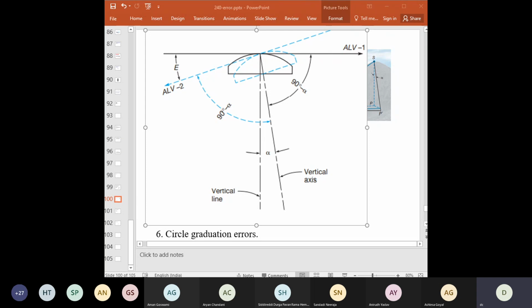So the angles are misoriented. The situation is very similar to what is depicted here.